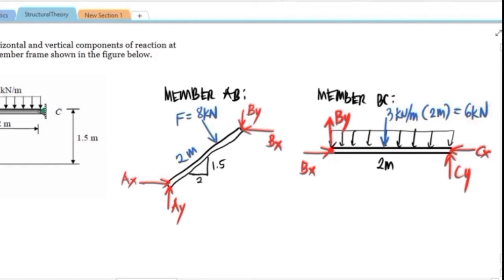And for the location of the resultant, the centroid is just half of the length, so meaning this is 1 meter from the support B and 1 meter from the support C.